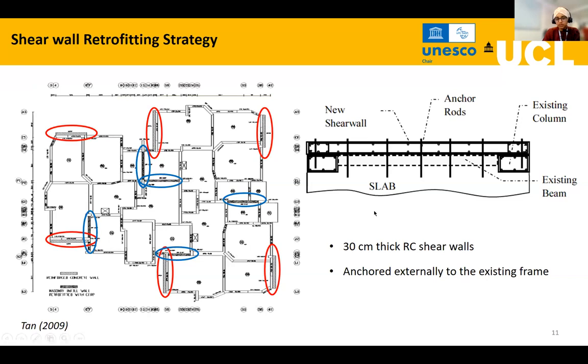In addition to the CFRP, the second technique applied was additional shear walls, which were external to the building and attached to the existing RC frames, as you can see through these anchor rods. These were designed in a combined manner, such that combining these two techniques, both the CFRP retrofit on the masonry infills and the shear walls, they would together provide balanced strengthening in both X and Y directions.